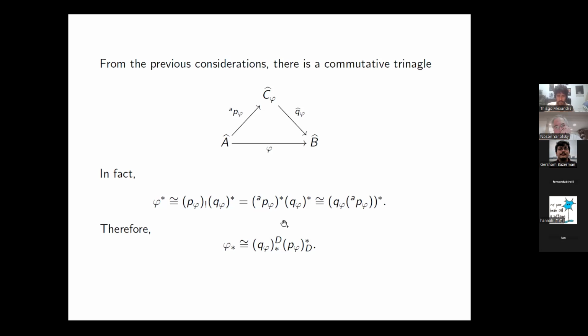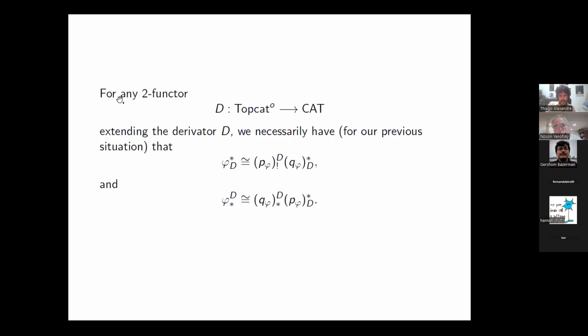But what is important about this is that if you have any two-functor from Top Cat to Cat, a contravariant, a true contravariant two-functor, extending our original derivator D, we necessarily have for our previous situation this formula here. So that phi up star D is given by this composition, and its right adjoint is given by this composition here.